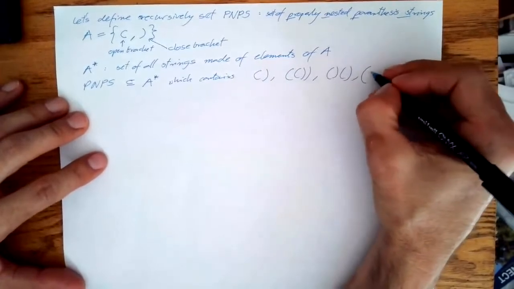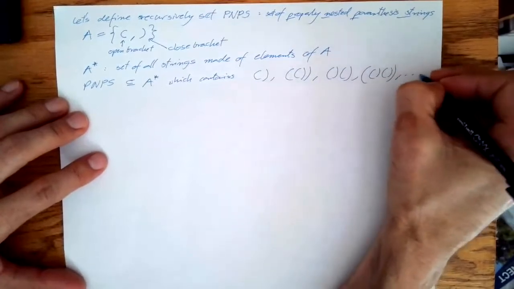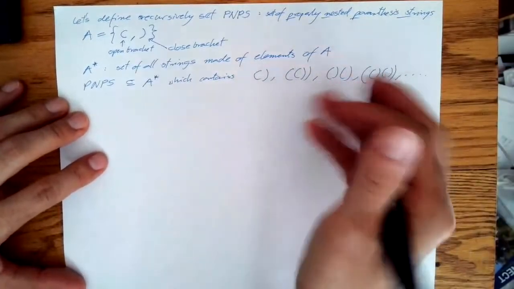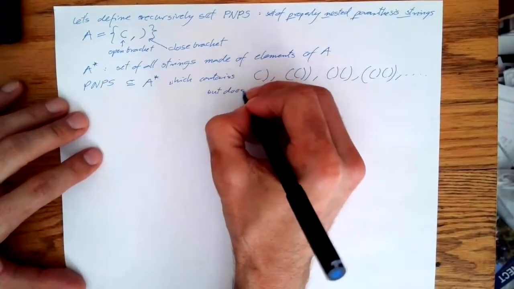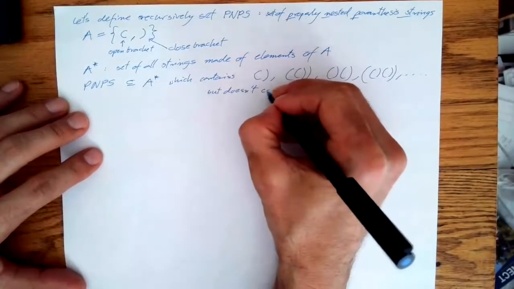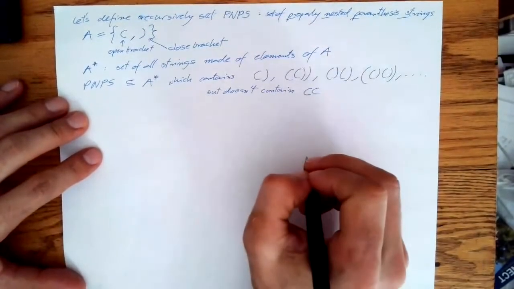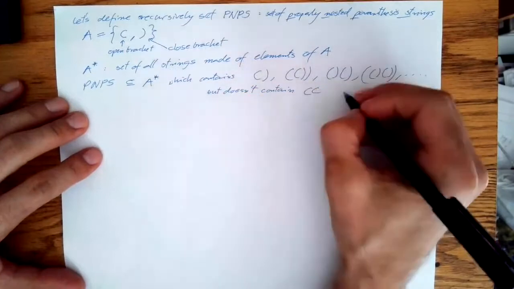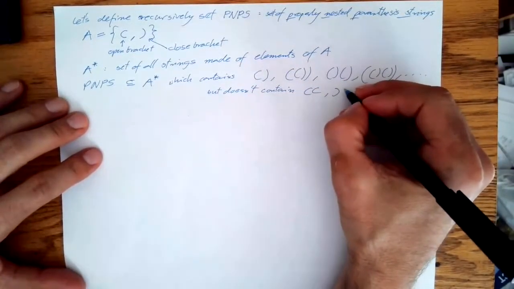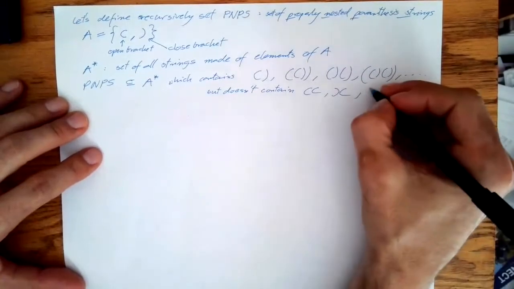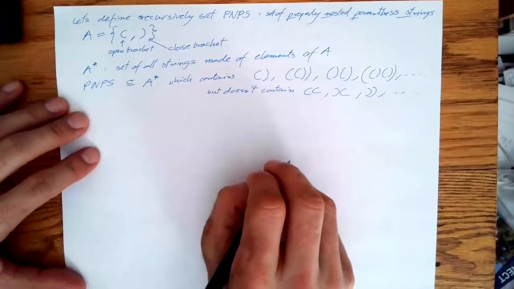Perhaps open, open, close, open, close, close. And I can go on, right? There are many possibilities here, but it doesn't contain things like open, open. So this is not good. Or close, open, or close, close, and so on and so forth, right?